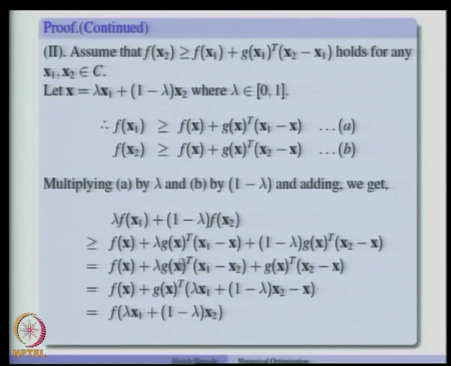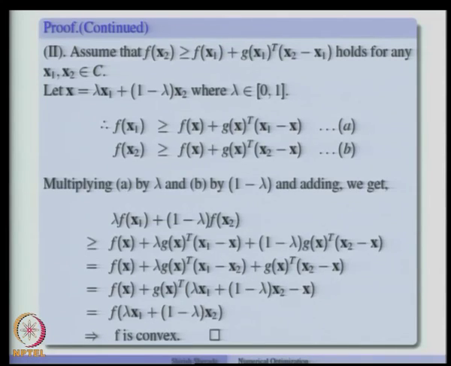So, you will see that this is from the definition of a convex function, f is convex. So, we have shown that if f is convex, then the inequality holds, and if this inequality holds, then the function f is convex.